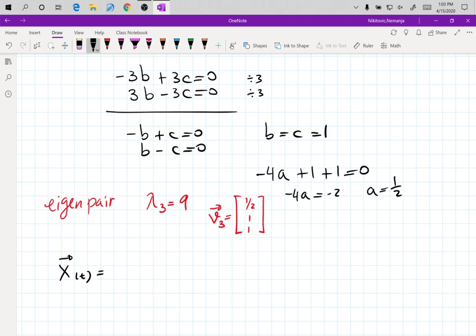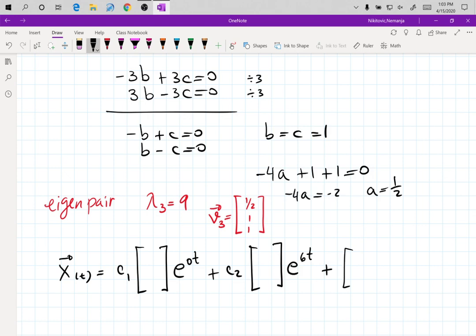X of t is equal to C1 eigenvector e to the 0t, lambda as 0, plus C2 second vector e to the, I believe it was 6t, plus third vector, which is 1/2, 1, 1, e to the 9t.